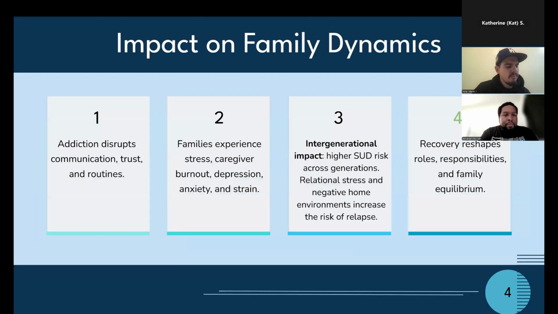So for the impact, addiction tends to disrupt communication, trust, and routines within the family. With that, families frequently experience burnout, stress, depression, and a constant sense of being on edge.